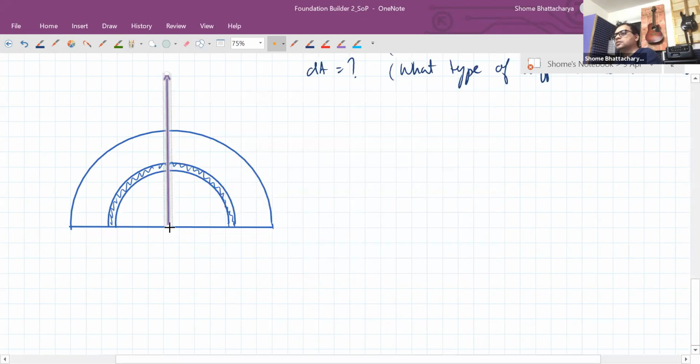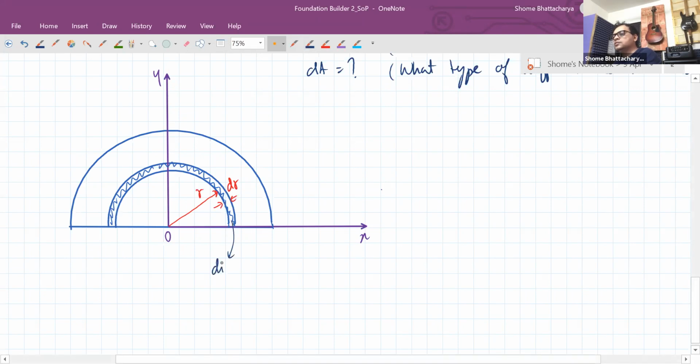So this is our y-axis, this is our x-axis, and this is our center of curvature. Now we can consider radius r and thickness dr. This can be our differential surface element.